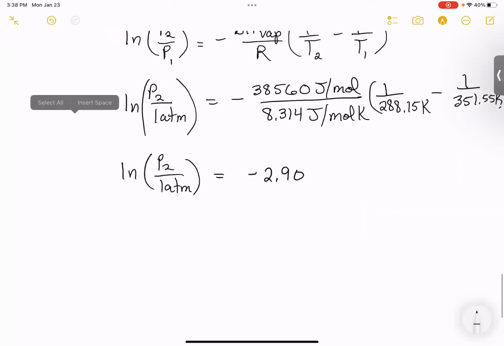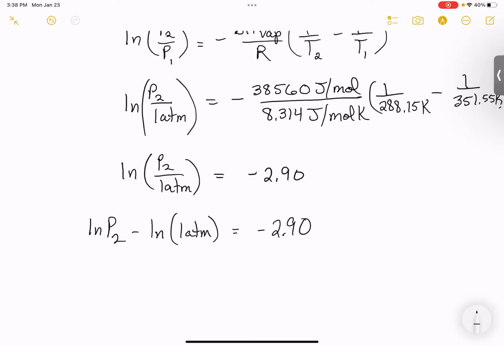Now, folks, just like multiplication turns into addition for natural log, division turns into subtraction. So this is the natural log of P2 minus the natural log of 1 atmosphere, which is equal to negative 2.90.